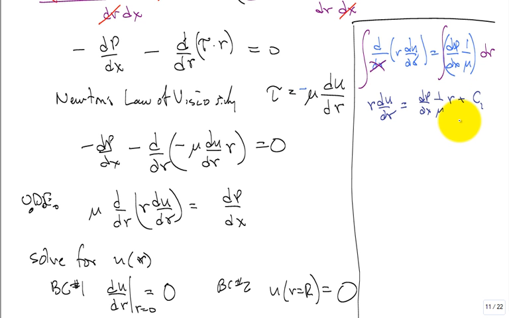What limit or boundary condition do we want to apply first? So boundary condition number 1 comes into play. It's like 0 times 0 is equal to 0 plus c1. What's c1? 0. So we're done with using that boundary condition, and we got rid of c1.